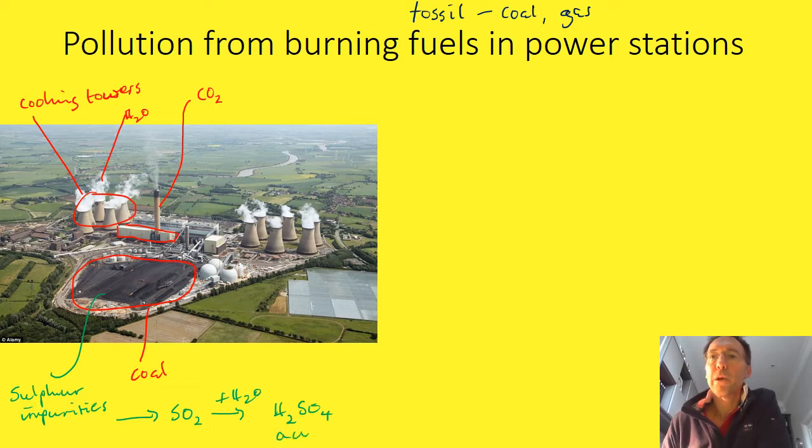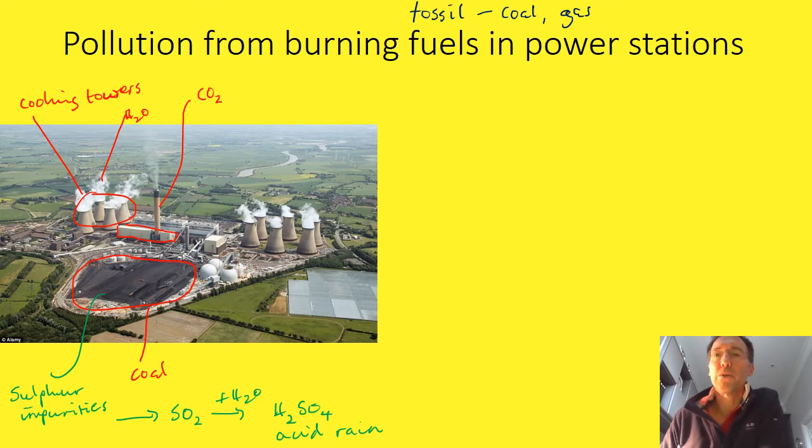Let's just call it acid, which becomes acid rain. So lots of acid rain is from the sulfur impurities in the fossil fuels of power stations.